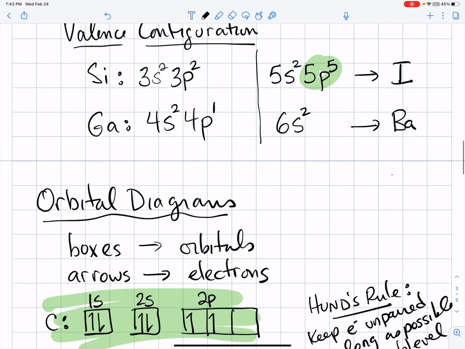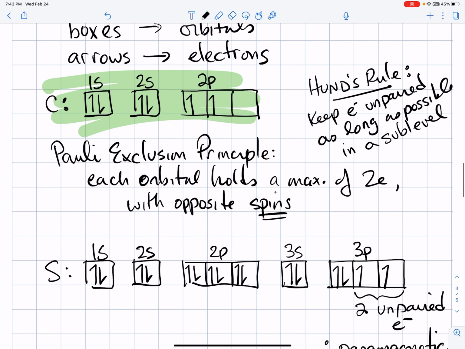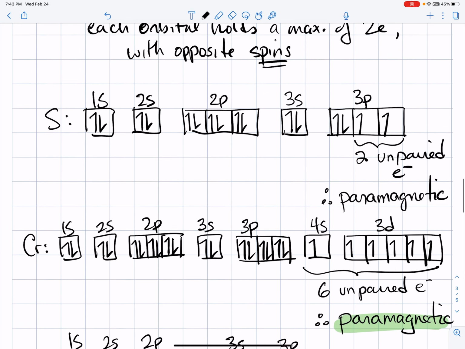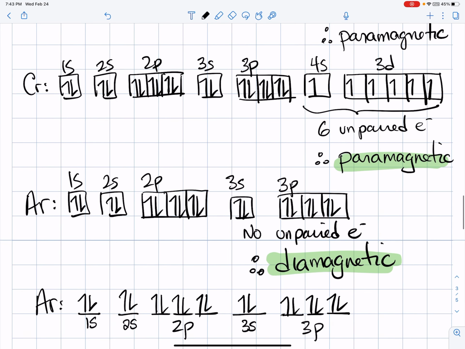And now you can also do orbital diagrams, where the electron configuration is translated into these boxes with arrows, and you understand what paramagnetic means. The atom has unpaired electrons, and diamagnetic, the atom has no unpaired electrons. All right, so that's pretty much the end of the quantum model of the atom. Now we just have to practice it with some homework problems.